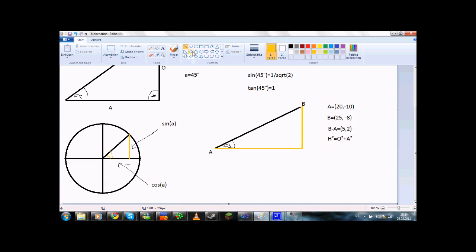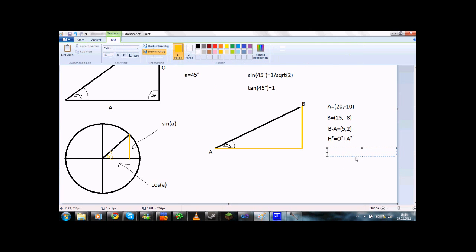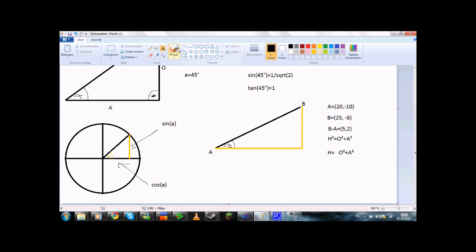And therefore what we know is that h equals, I will make some space here so I can draw a square root sign, the square root of o squared plus a squared. And now I hope this doesn't look completely horrible.